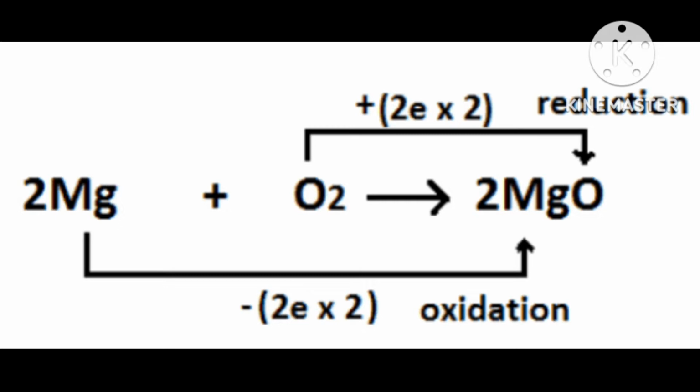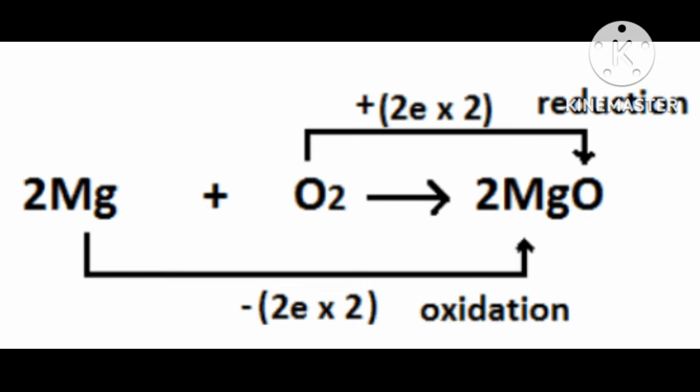Then in CO2, you have to calculate C plus O2. One oxygen is -2, then 2 oxygens are -4. So C plus (2 into -2) is equal to 0, because in CO2 no charge is written.